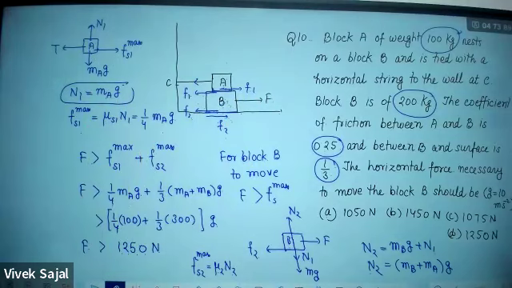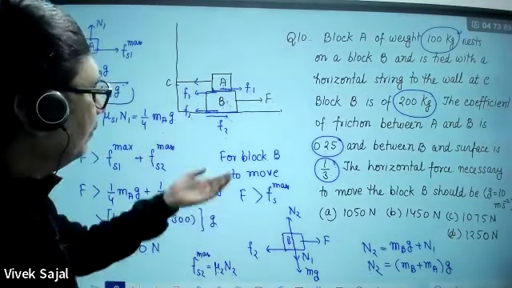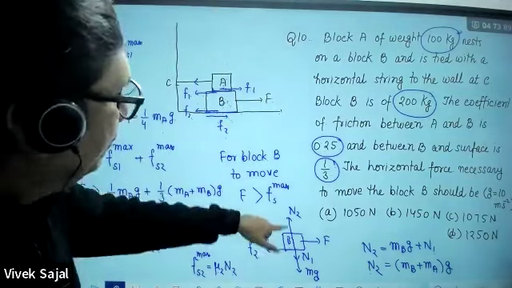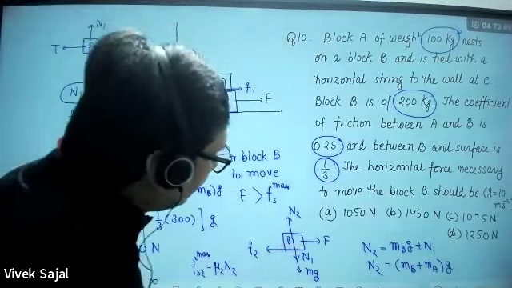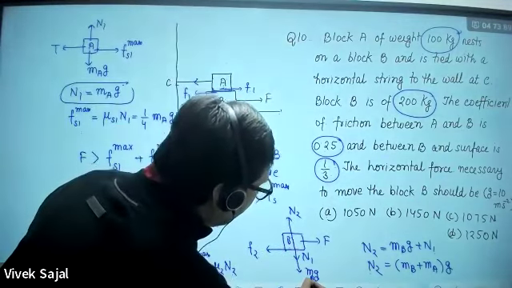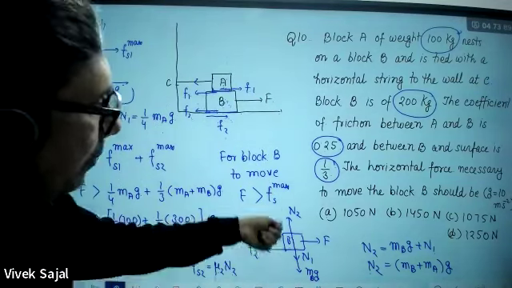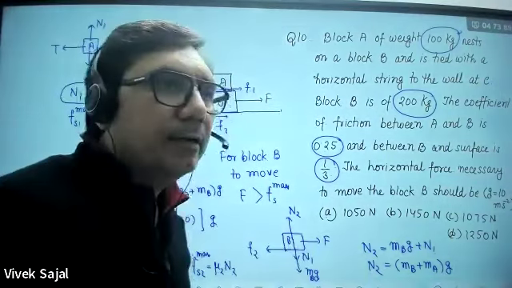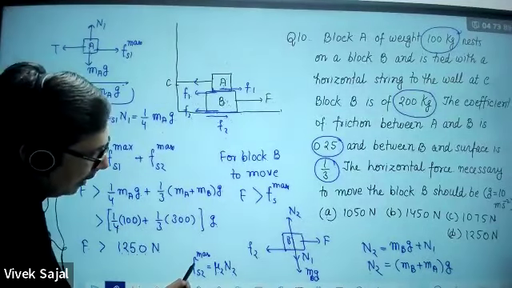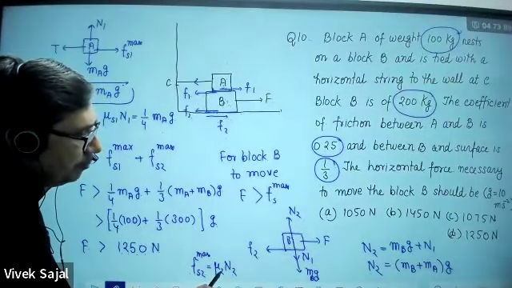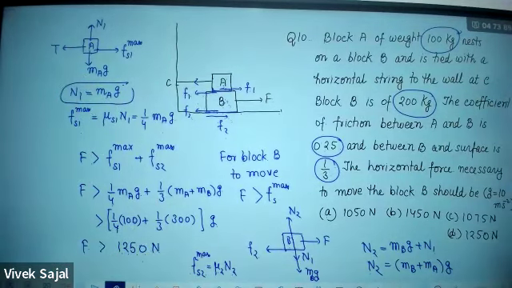But for the second block, two types of normal reactions are acting: one from the lower side, that is N2, and one from the upper block, that is N1, and the weight of this block, MBG, is acting downward. By balancing upward and downward forces, you can find N2. And then you can find FS2 maximum, which will be mu2 N2. Substitute here, you will find your answer.